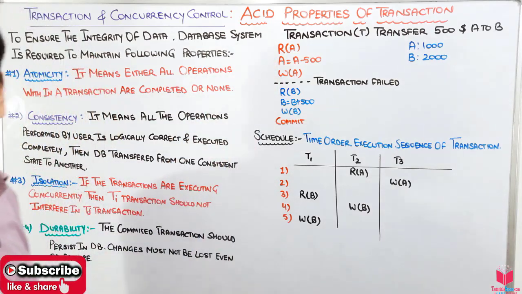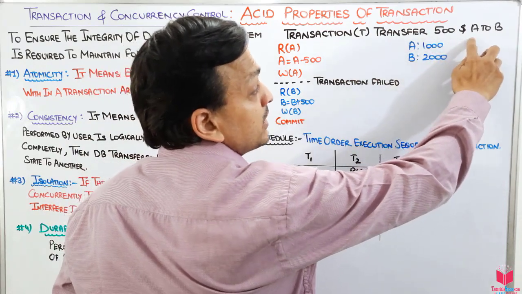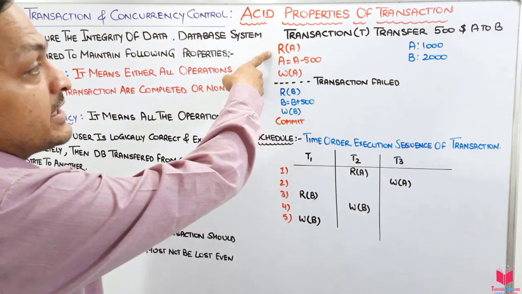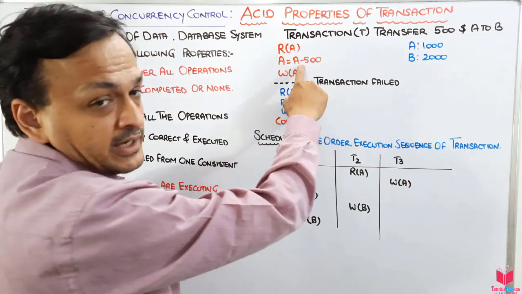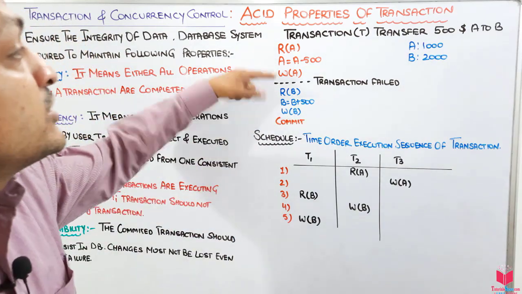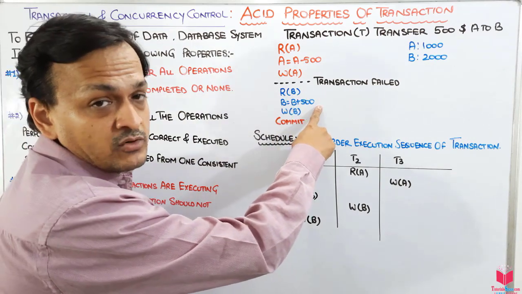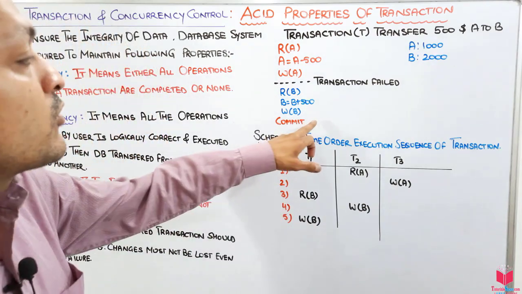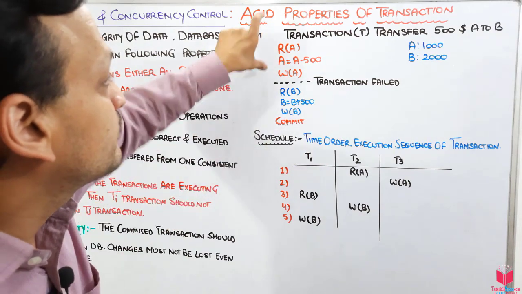Suppose we have this example: transaction T has to transfer $500 from account A to B. So R(A) means reading A, then we subtract 500 from A's account, which is the updated value. After that we write A back into its account. Now we read B's account, add $500, and write B back. In the last we have commit. Commit means saving up to this point. Whatever we have done will be saved up to this point.